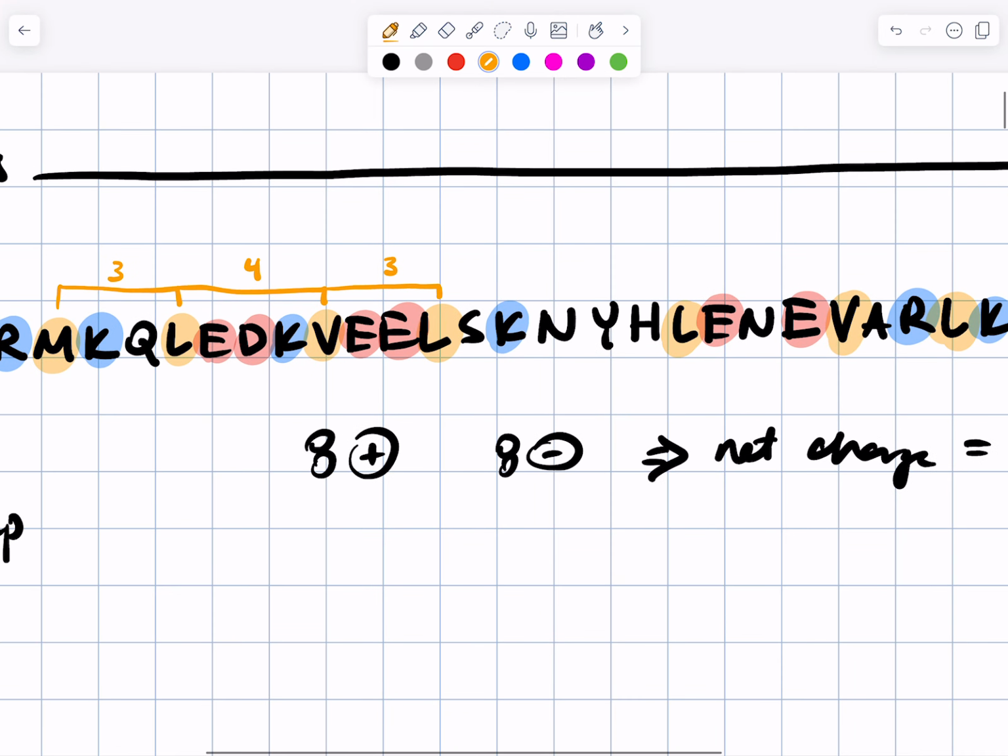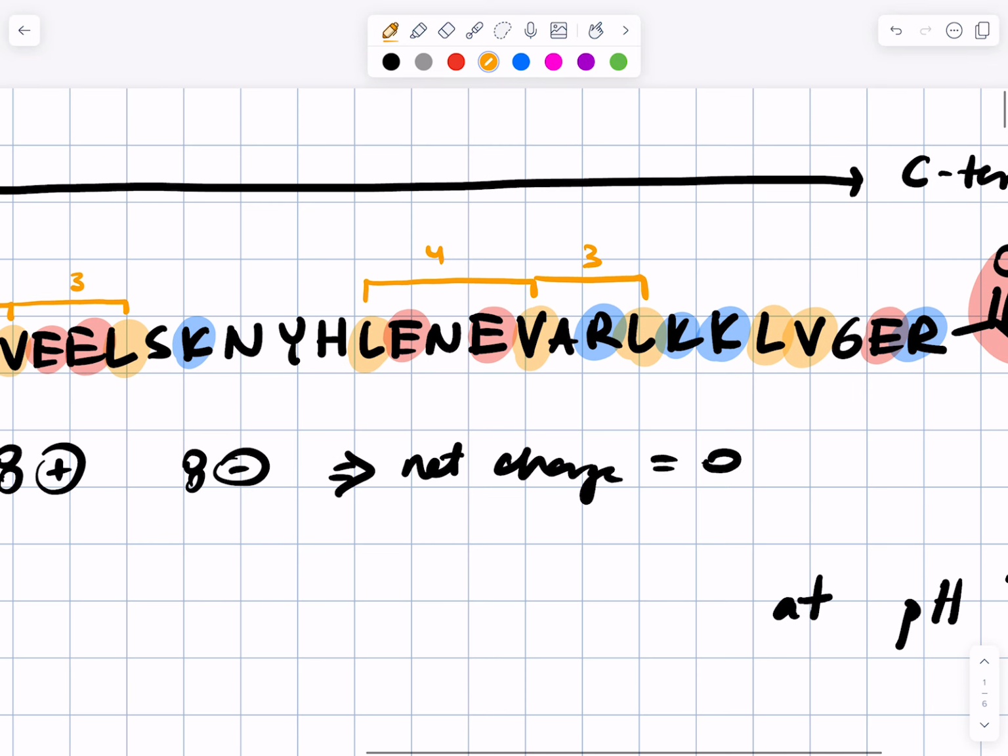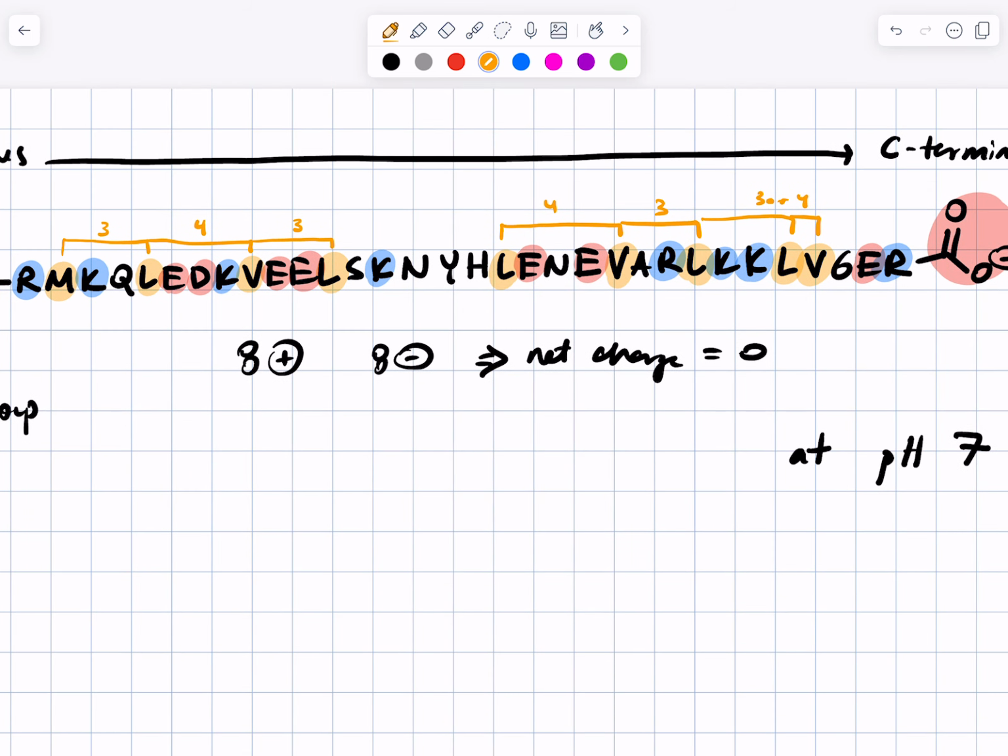And then if we go over here, we see a spacing of 4, and then 3, and then another spacing of 3 or 4, we're not sure. So there's this interesting pattern of nonpolar amino acids on every 3rd and then every 4th amino acid after that. And you'll see that the pattern isn't perfect.